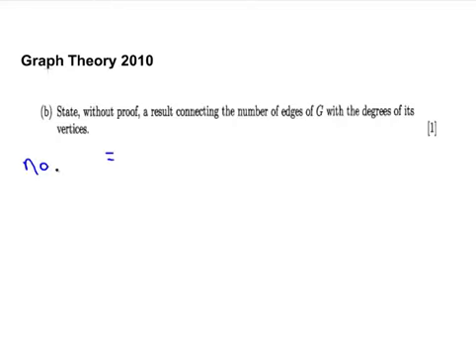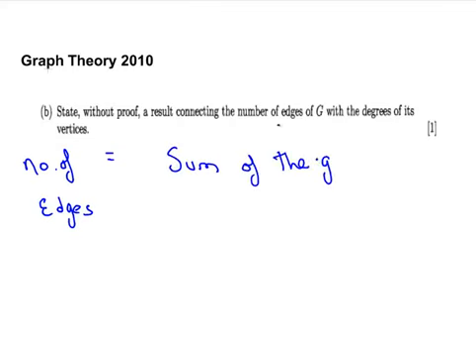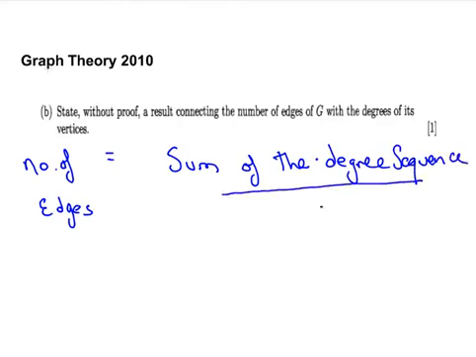So number of edges is the sum of the degree sequence divided by 2.